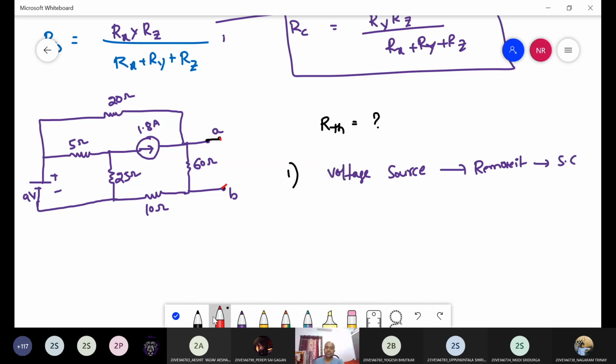If it is a current source, remove it and make it open circuit.